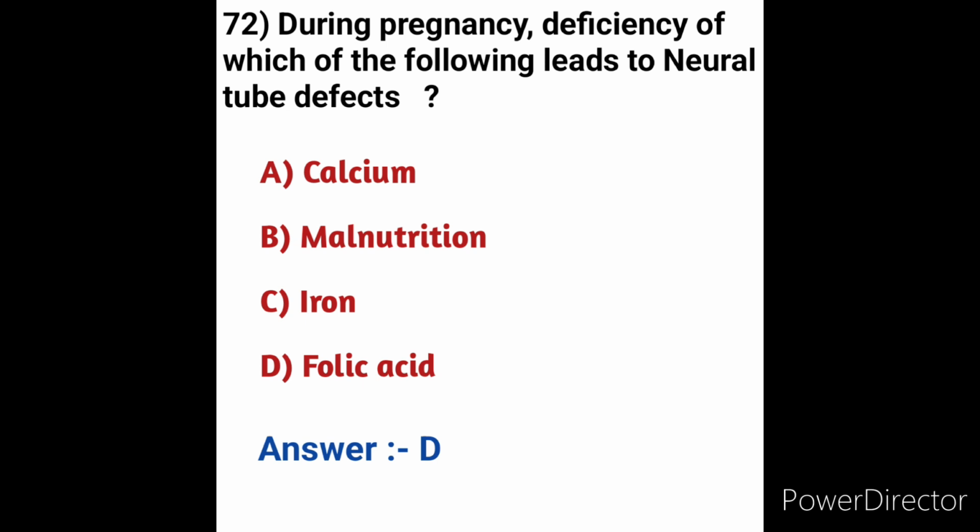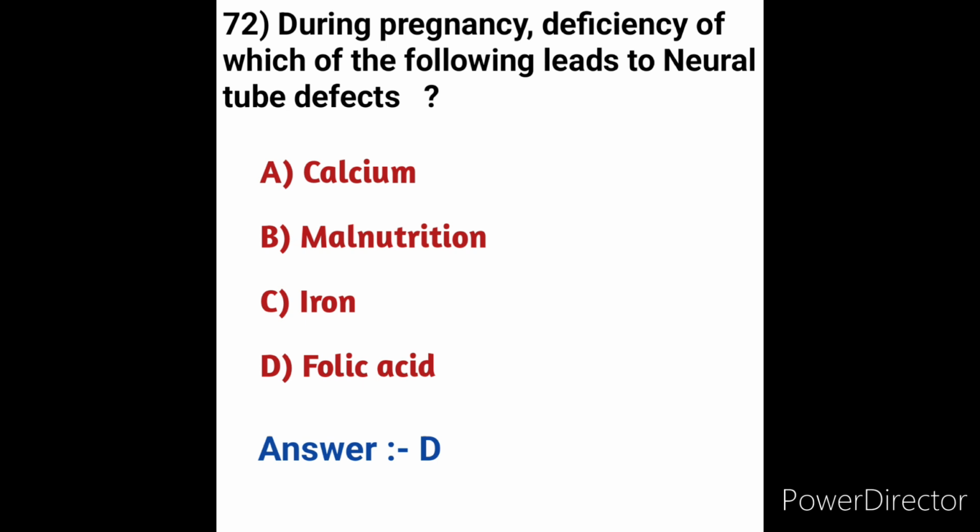Folate or folic acid is important for pregnancy. Through sufficient intake of folic acid, we can prevent birth defects. Neural tube defects, NTD, are of two types, spina bifida and anencephaly. Spina bifida means a defect of the spinal cord and anencephaly means a defect of the brain.